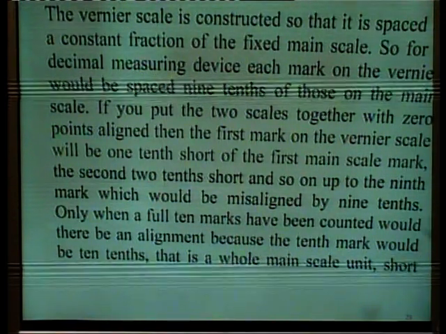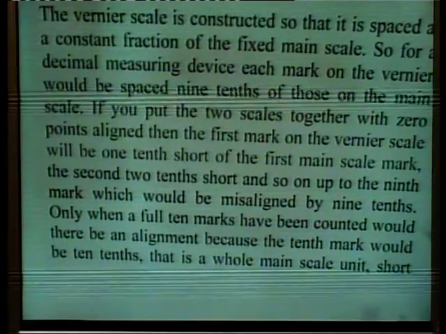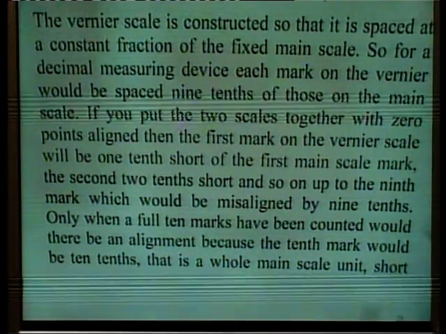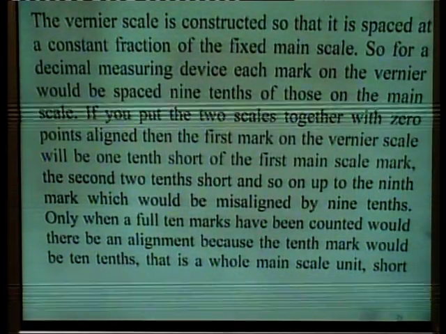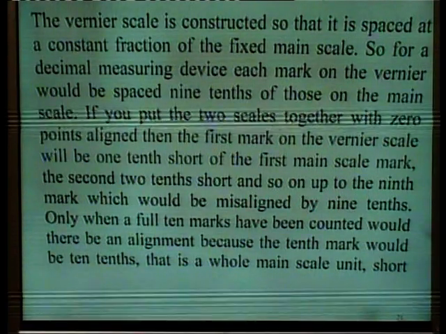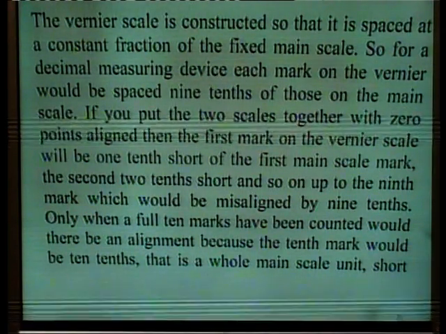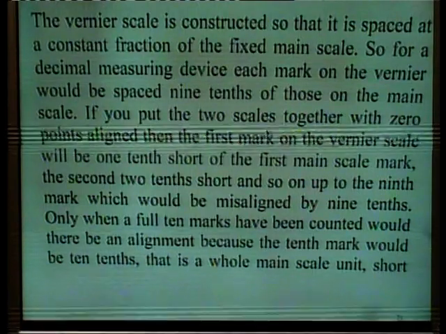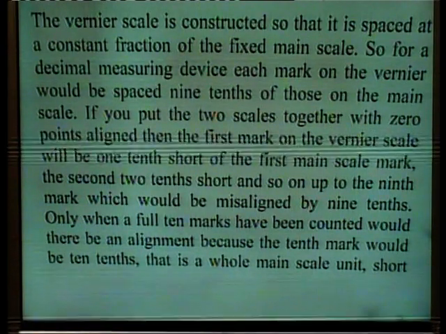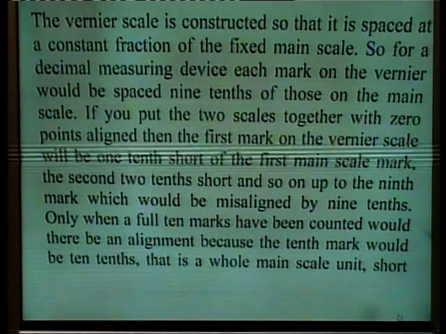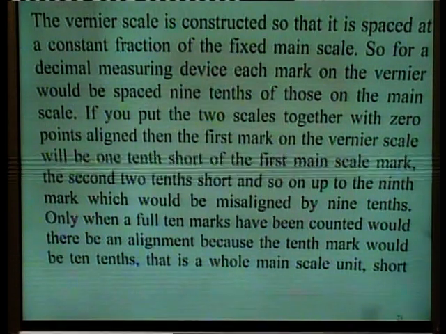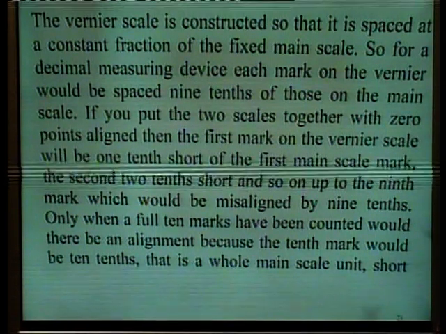The Vernier scale is constructed so that it is spaced at a constant fraction of the fixed main scale. So for a decimal measuring device, each mark on the Vernier would be spaced 9/10 of those on the main scale.